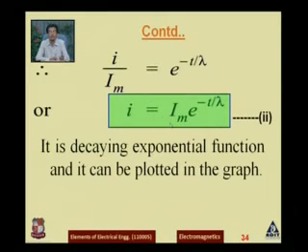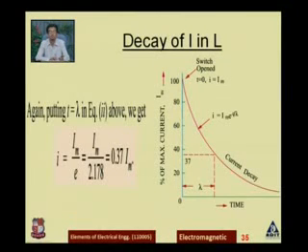If you want to find out how much the current has decreased, you can put the value of time over here. So let us put the values in the graph and analyze how the current decreases in the inductor. It is called decay of current in the inductor.